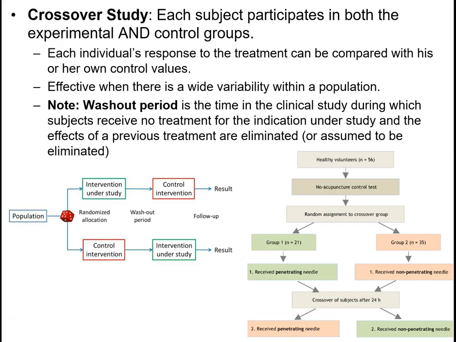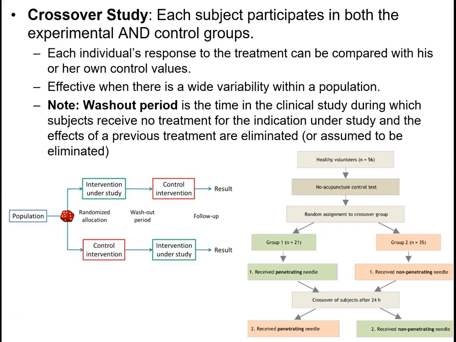And this is also going to involve something called a washout period. This is when the subject is not getting any treatment under the study, and any effects of a previous treatment should be eliminated. So basically, it's a period of time where they are just kind of letting whatever treatment it is decrease in effectiveness.